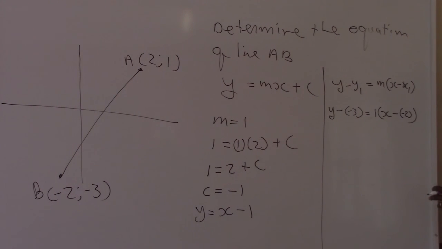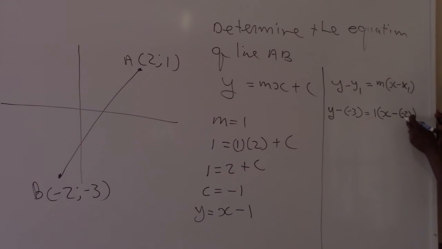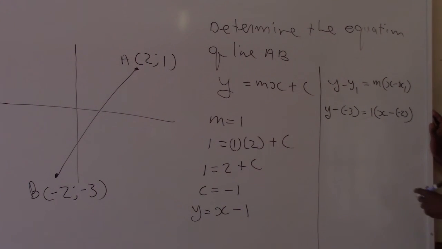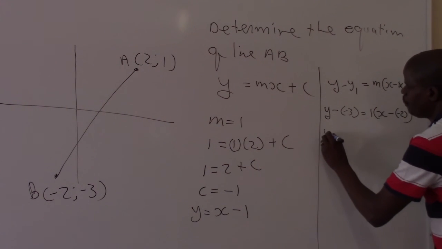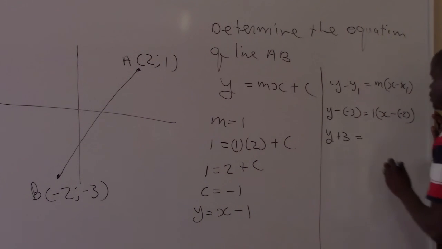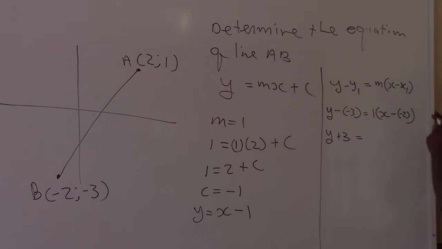So you use those brackets. Here there are brackets, and also that other bigger bracket. So we have y plus 3 equals, then we multiply this coefficient into everything in the brackets.